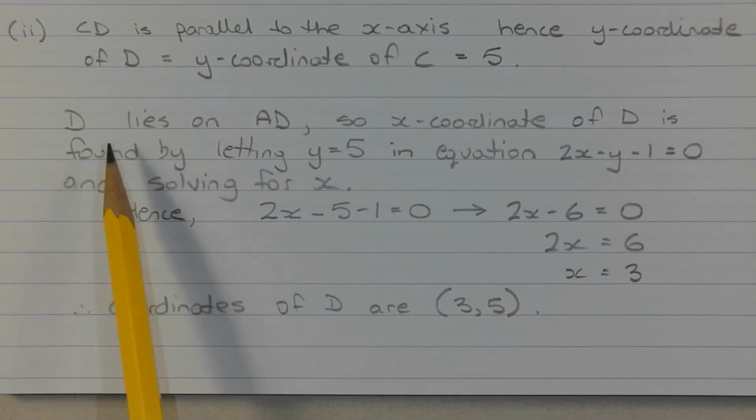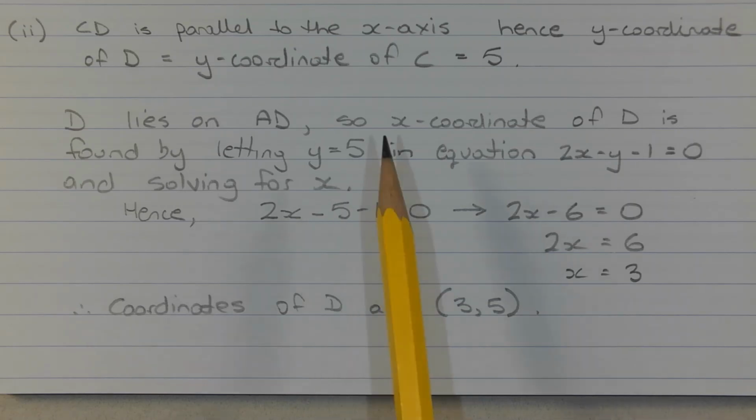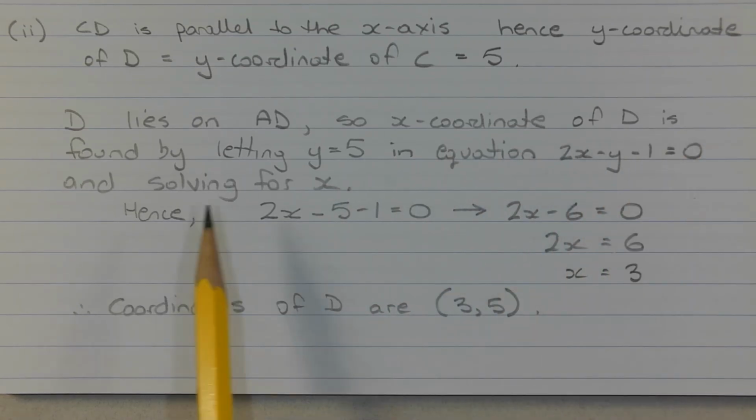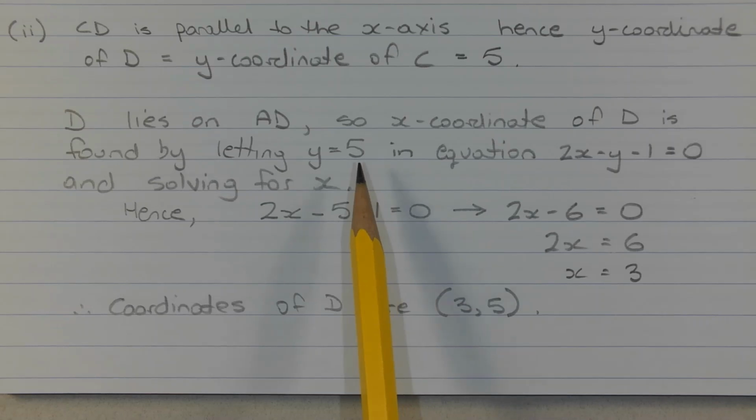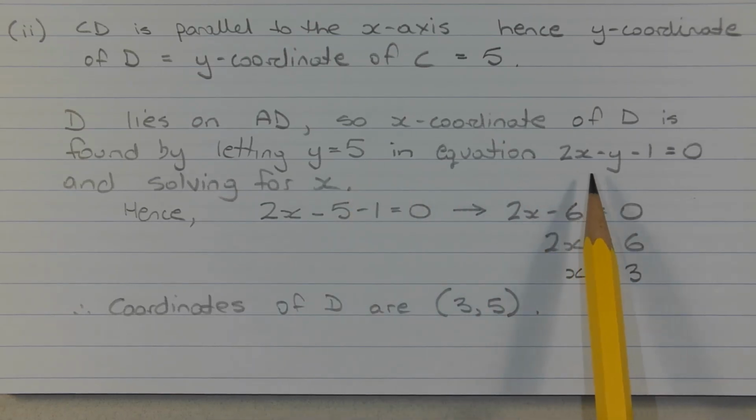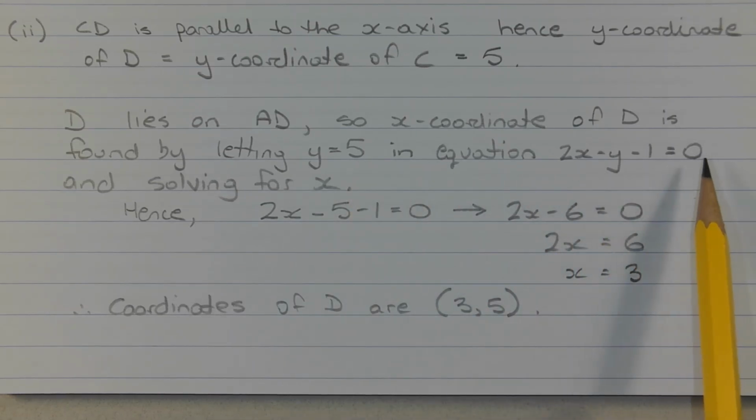Now the point D also lies on AD. Now we know the equation of AD, which is 2x minus y minus 1 equals 0. So the x-coordinate of point D is found by letting y equals 5 in the equation 2x minus y minus 1 equals 0 and solving for x.